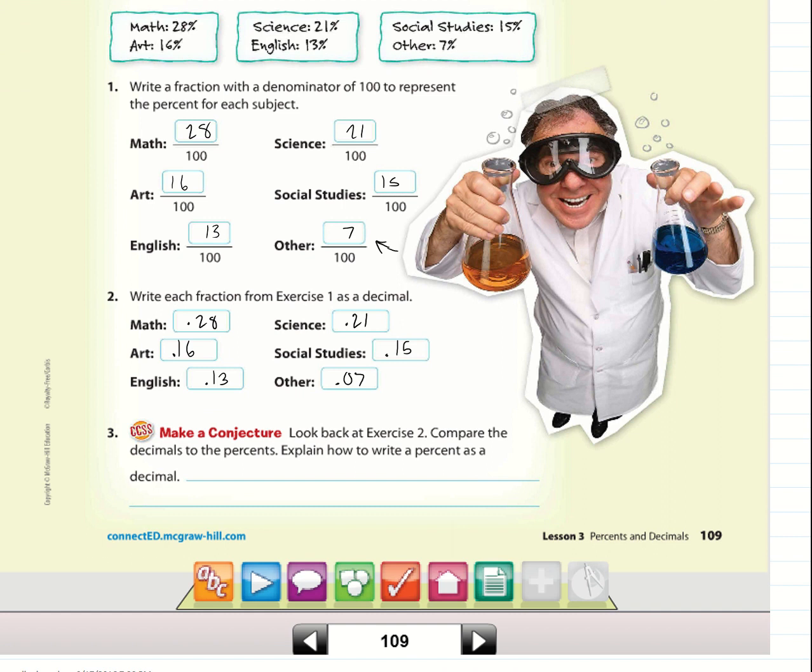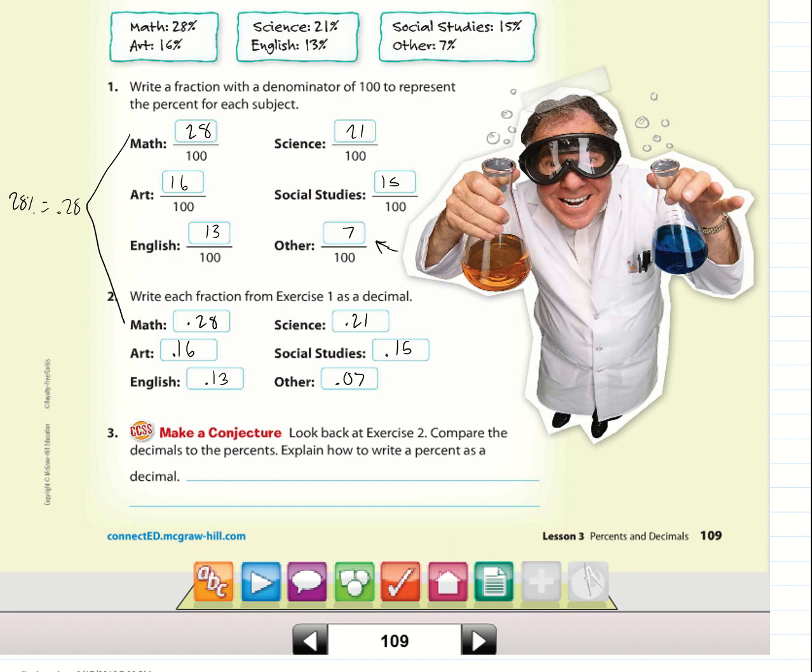So number 3, look back at exercise 2, compare decimals to the percents, explain how to write a percent as a decimal. So if I look at the math, I'm gonna do it side by side. 28% is equal to 28 hundredths.